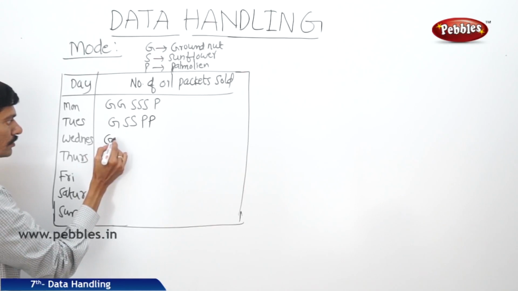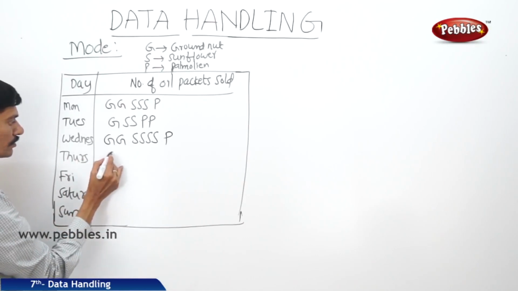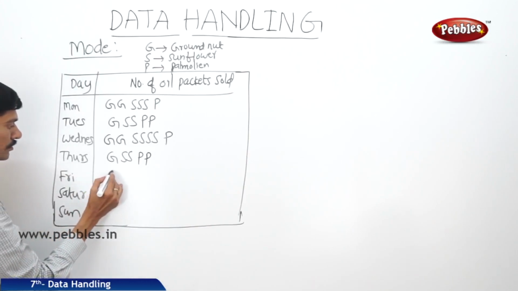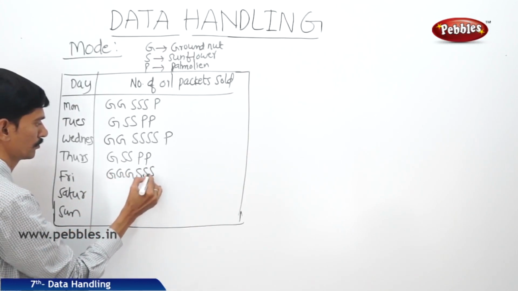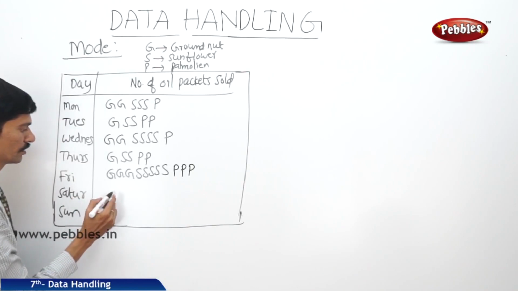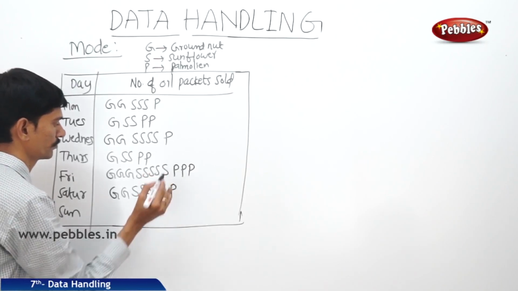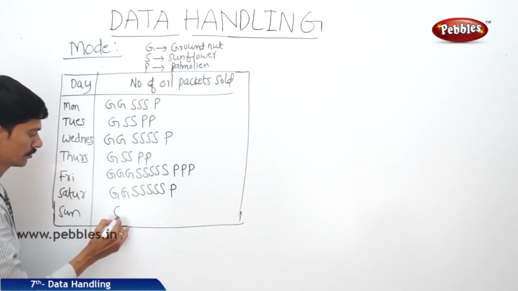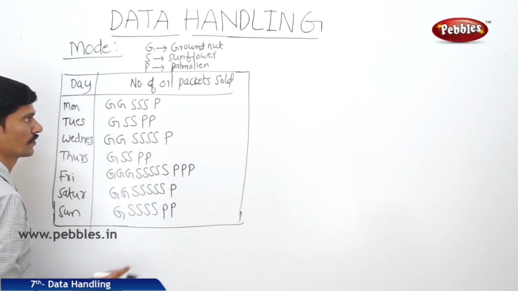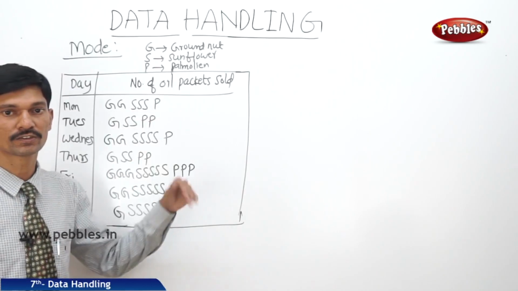Next Wednesday, next Thursday, next Friday, next Saturday, and Sunday also it is given. Now, if you find the arithmetic mean of all the oil packets, there is no use.